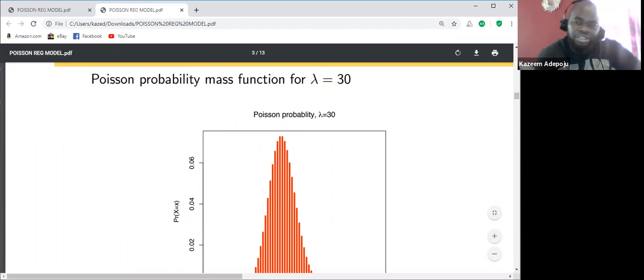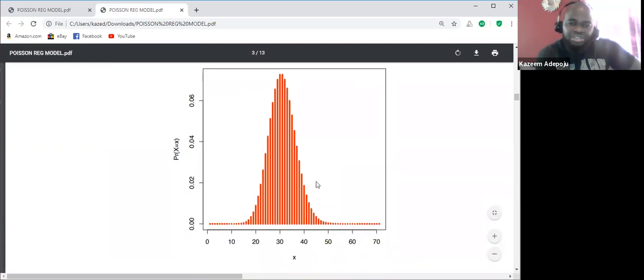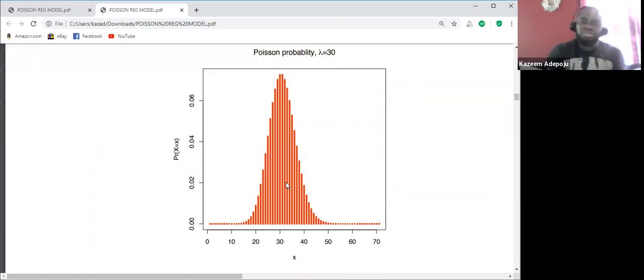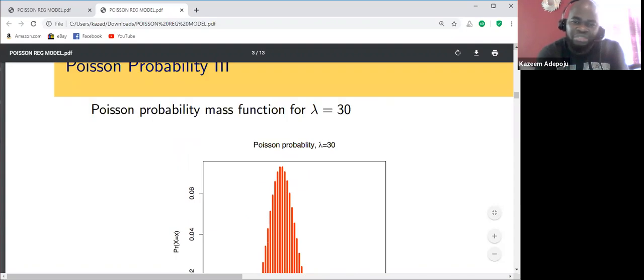The other time I used lambda equal to 5, you saw the shape. But now when lambda equals 30, look at what I have here. It looks like a normal distribution. And before lambda can increase to 30, it means you are working with a large sample size.